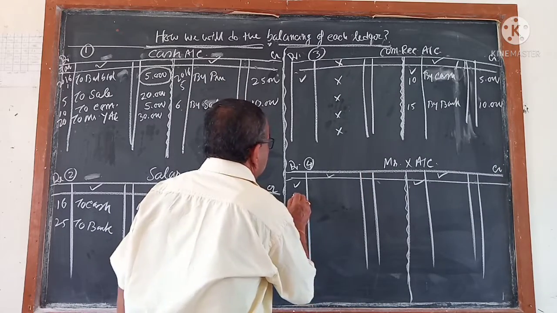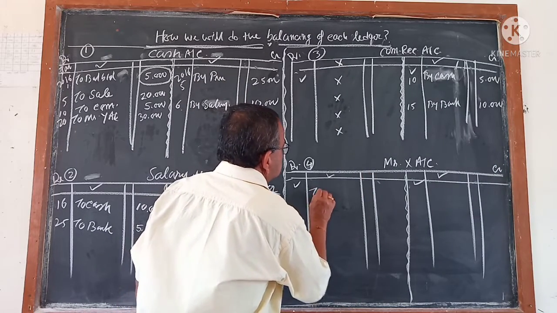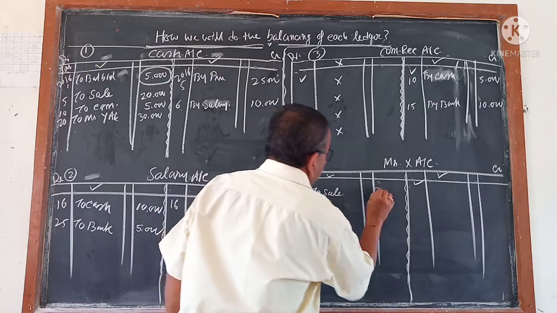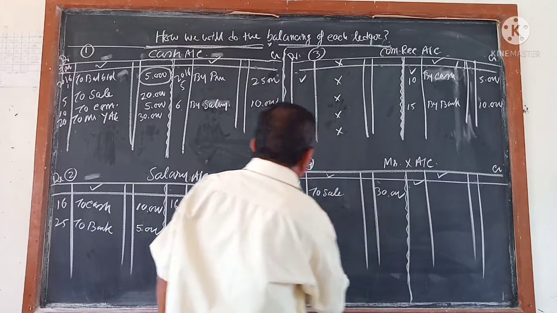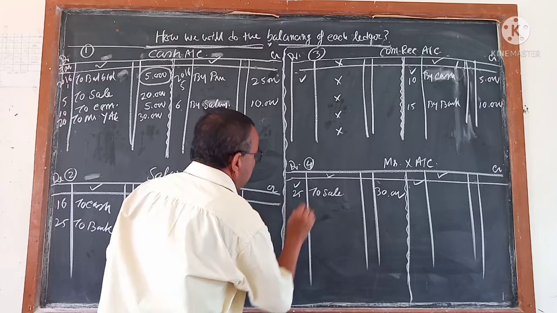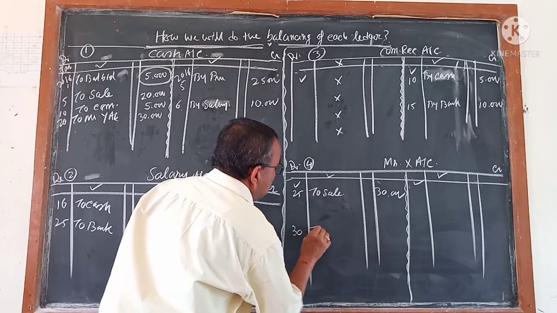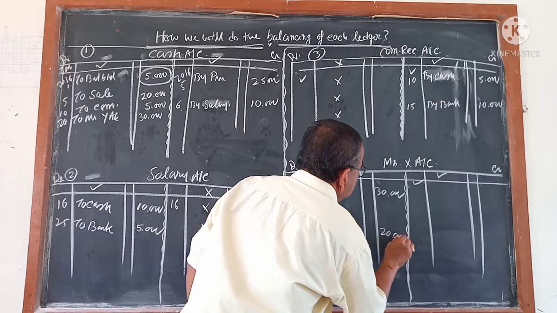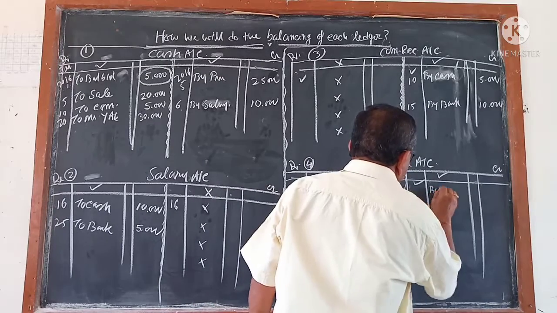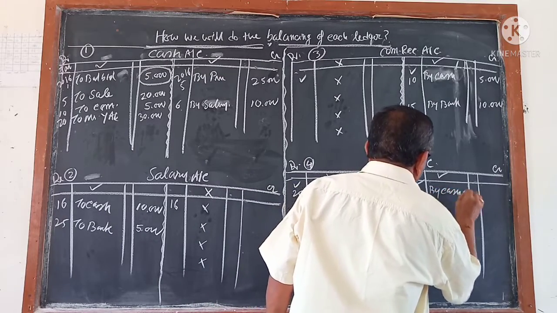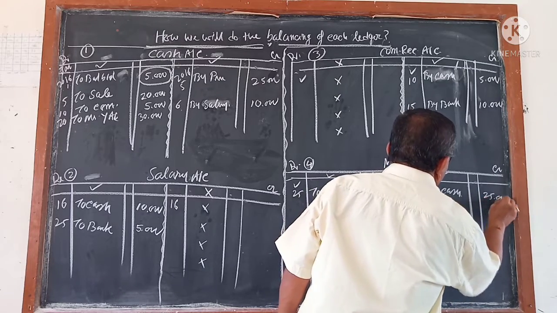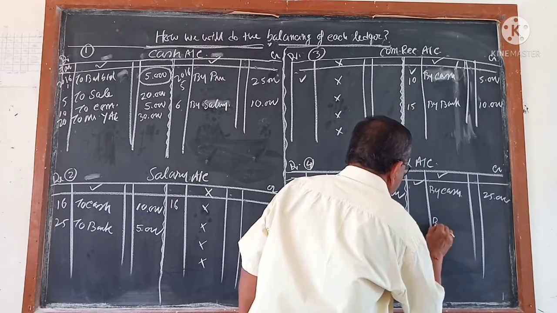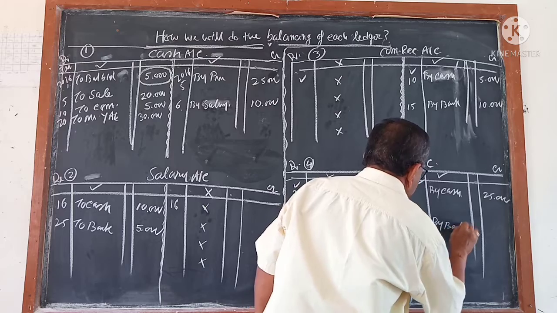Suppose Mr. X account debit to sales of rupees 30,000, or एक बार suppose this is 25 and this is 30, or एक बार to sales it is 20,000 and this is suppose by cash of rupees 25,000 and or एक बार by bank of rupees 25,000.